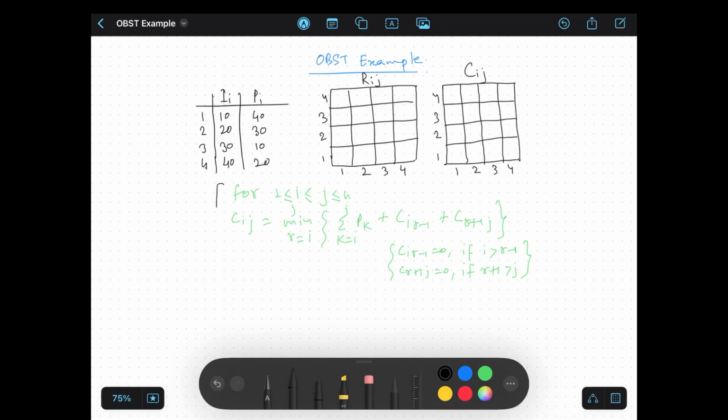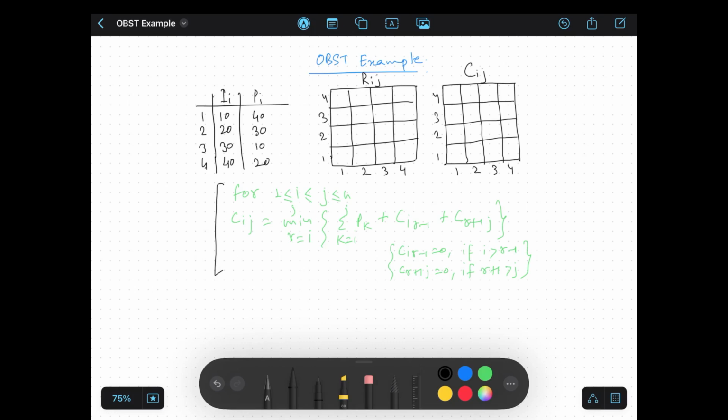Here is the recurrence where we have i and j which are between 1 and n. We have items from 1 to n, and we have to find the minimum for this r between i and j, which is the summation of the probabilities from i to j plus the cost of the left subtree and the cost of the right subtree.